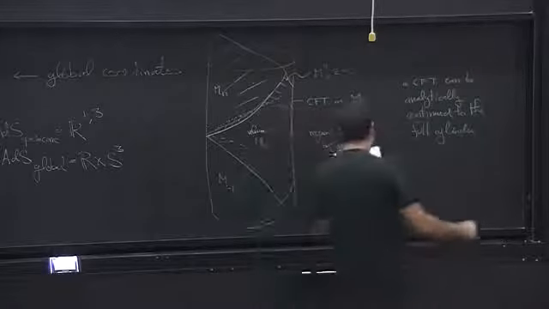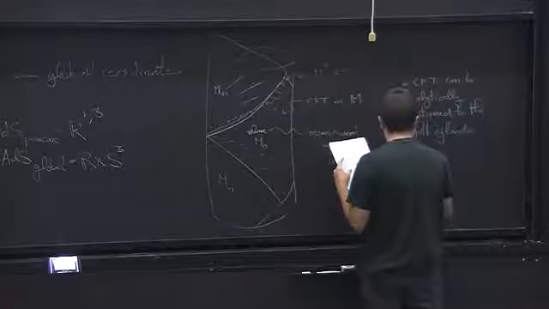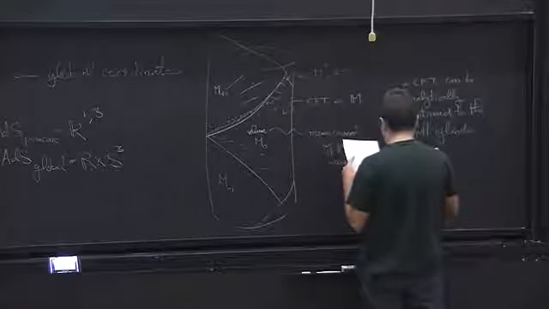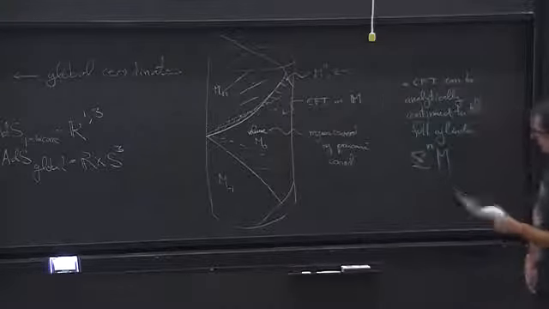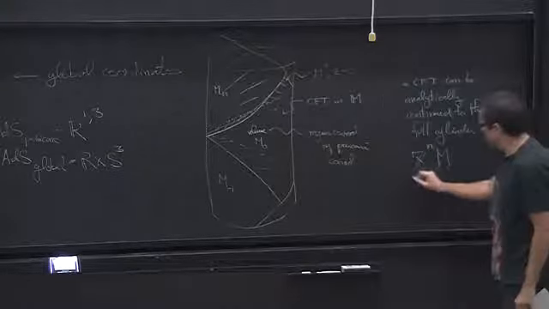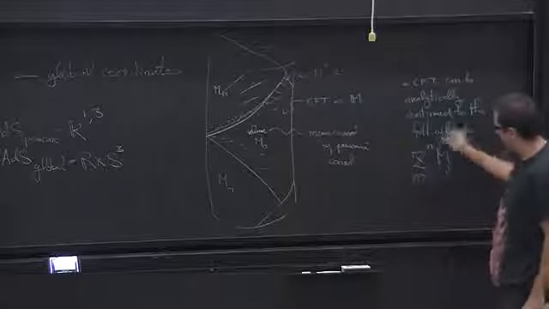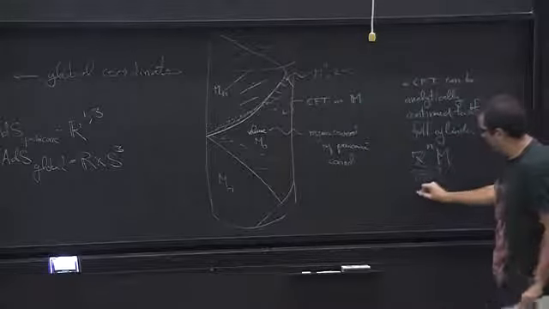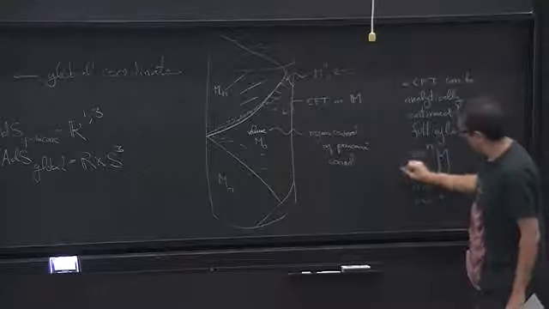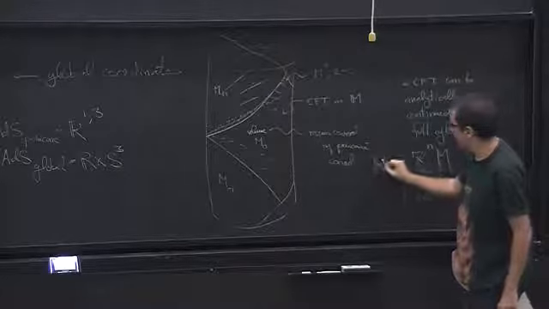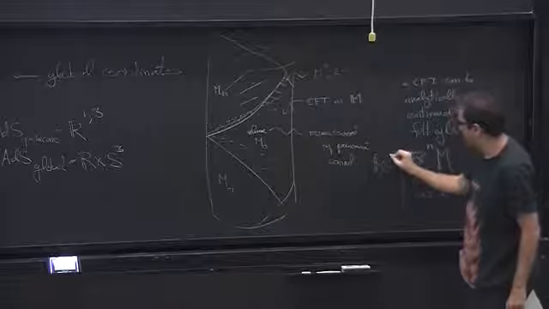Okay? So you can include these infinite copies, Z to the n times Minkowski space, where you can put them for n positive upstairs and for n negative downstairs. All together, they form this R times S3.